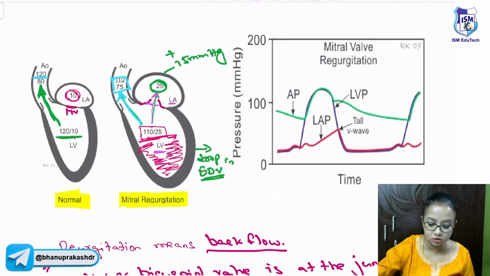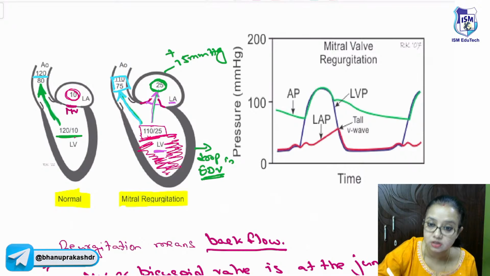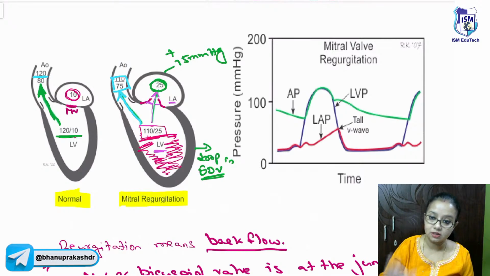Obviously, it is less because there is not enough blood in the ventricle to pump out into the periphery. So, less pressure and less amount of blood in the stroke volume affecting the systolic blood pressure.